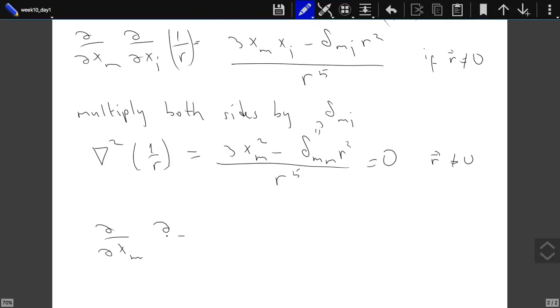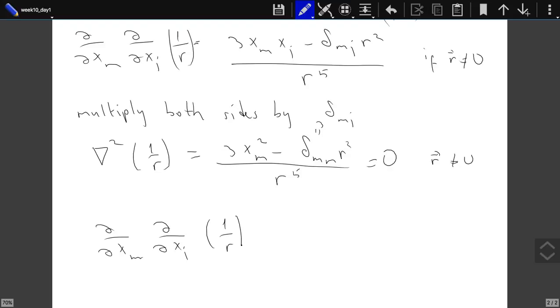Now, let's look at this one. Well, to see whether there is a Dirac delta or not, we just need to consider the integrals over a region which contains the origin. Now let's look at the m is different than j case. And let's integrate the left-hand side over a sphere.